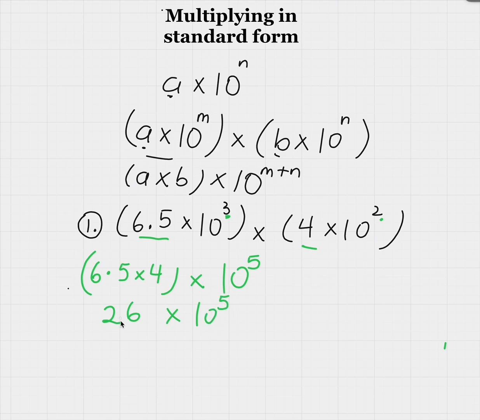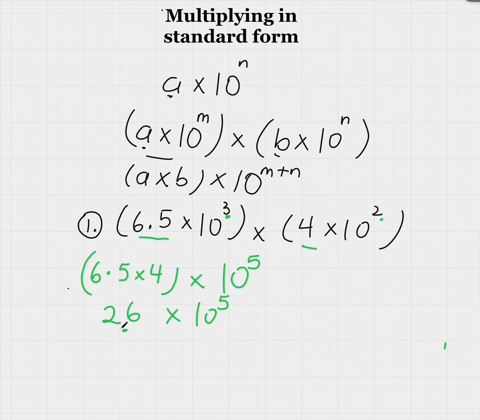Remember, in standard form, 26 is our a, and a should be a number between 1 and 10, or it should be a decimal, and obviously 26 is more than 10, so we're going to have to write it in a way that will satisfy a.